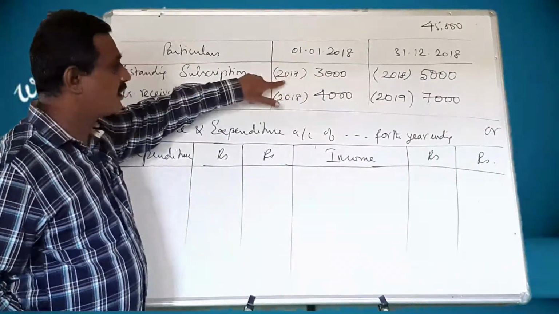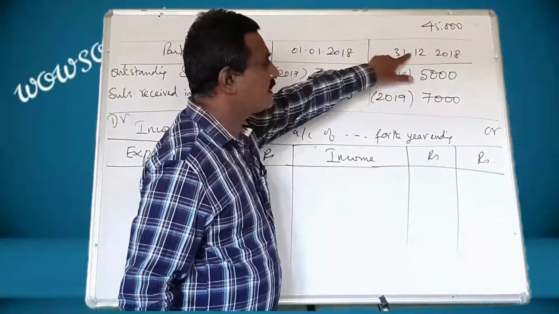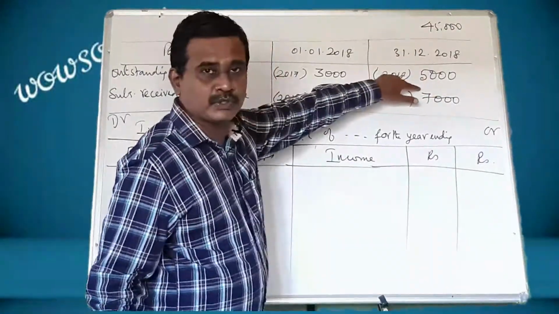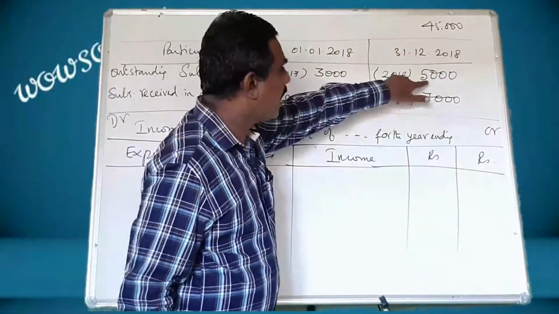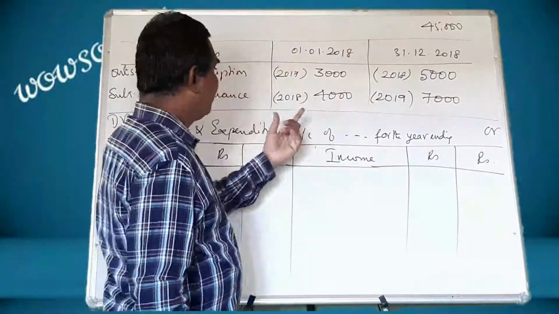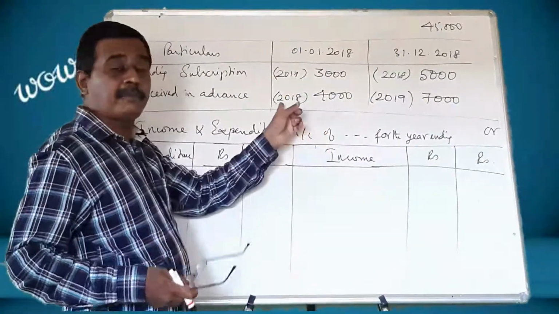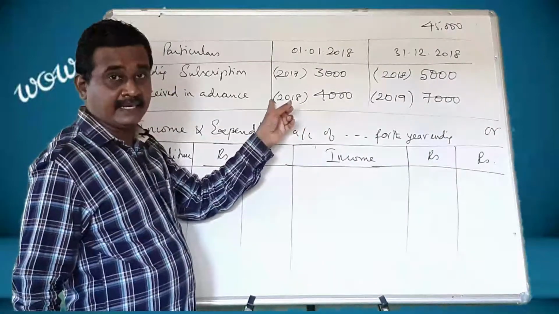This amount is meant for 2017. Still, on 31st December 2018, 5,000 is outstanding, meaning this amount is to be collected. That is meant for 2018.